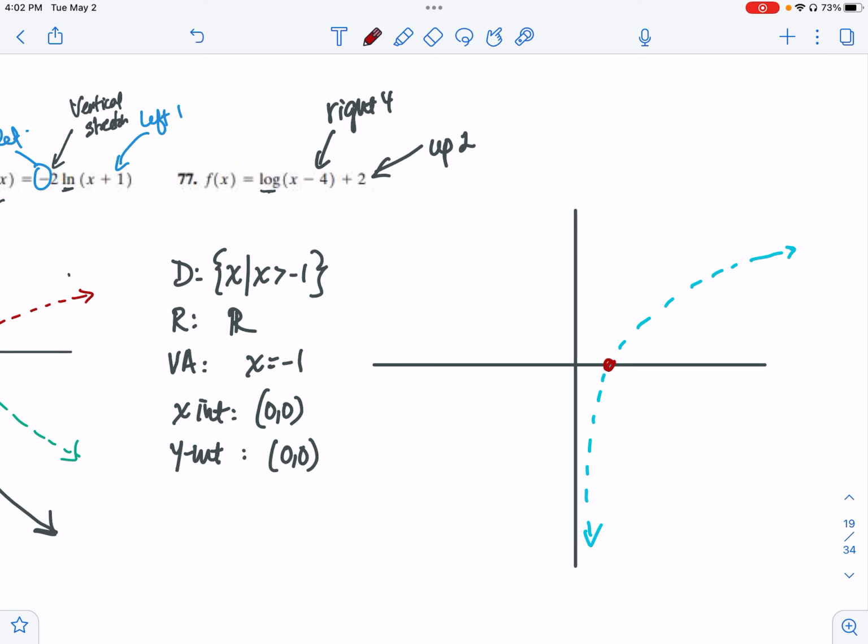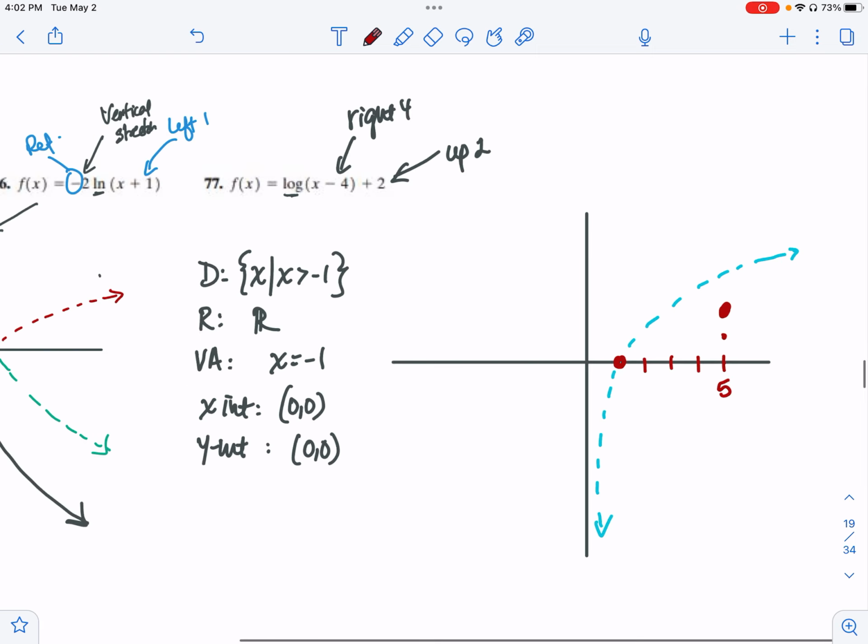Right 4, so the new x-intercept, 1, 2, 3, 4, so now I'm at 5, but then I also have to scoot up 2, so the x-intercept has changed. So this point has moved over there. That's not the x-intercept anymore. So erase that. Okay. No stretching, no reflection, so same shape, just scooted up.